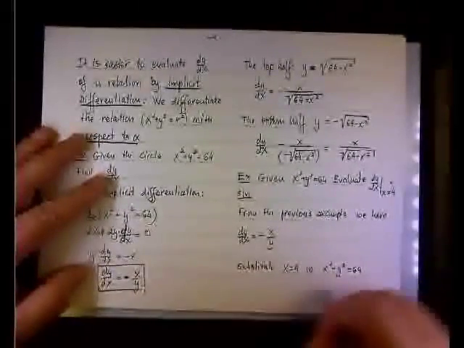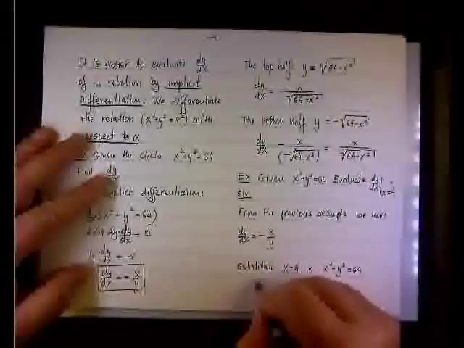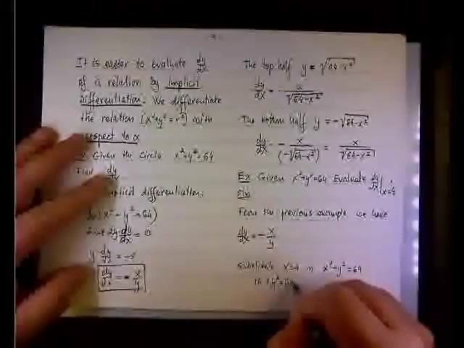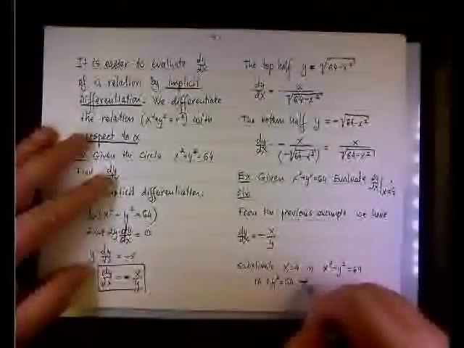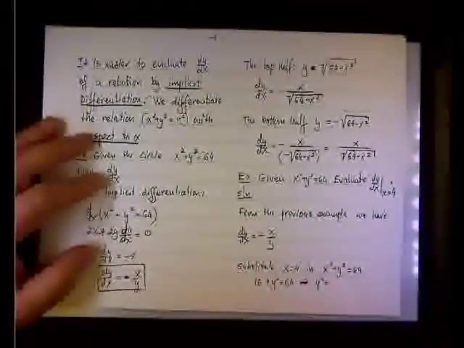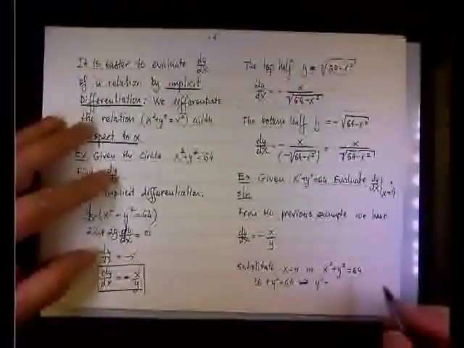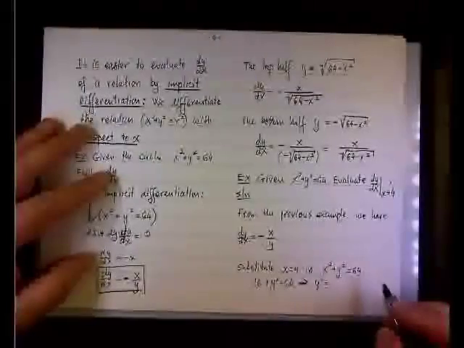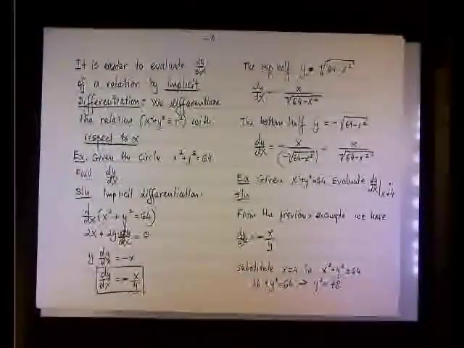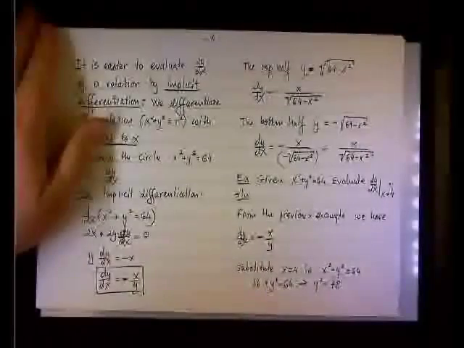So we get 16 plus y squared equals 64, or y squared equals 64 minus 16, which happens to be 48. Right? So y squared equals 48. It's not a perfect square, so we need to do something about it.